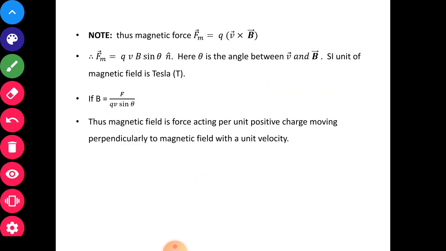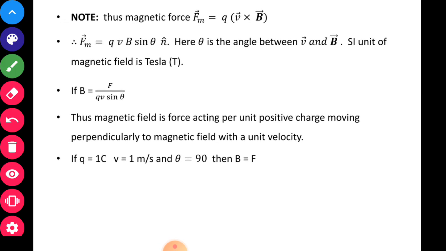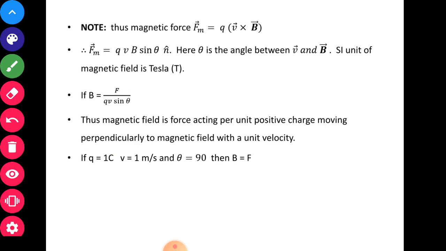So the force acting per unit positive charge which is moving perpendicularly to the magnetic field with unit velocity is nothing but the magnetic field. These are the conditions which are taken: Q is 1 coulomb, V is 1 meter per second and theta is 90, then B is equal to F.